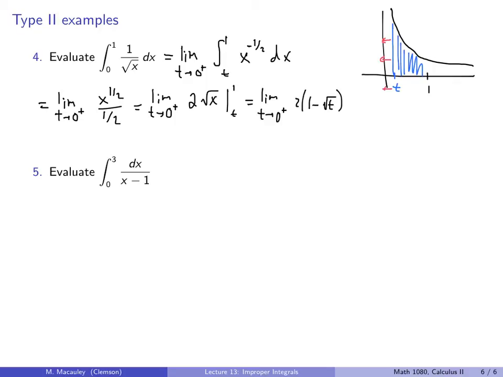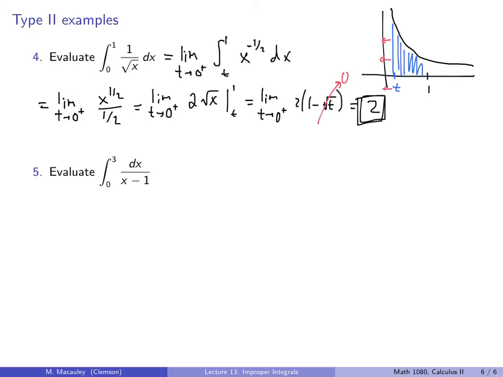As t goes to 0 from the right, root t is going to go to 0 as well. So this is just equal to 2. And there is our answer.